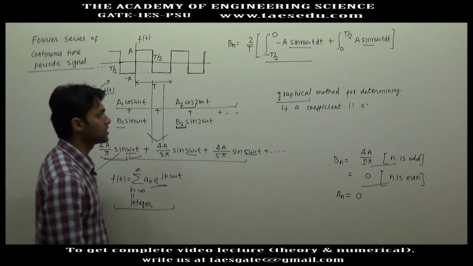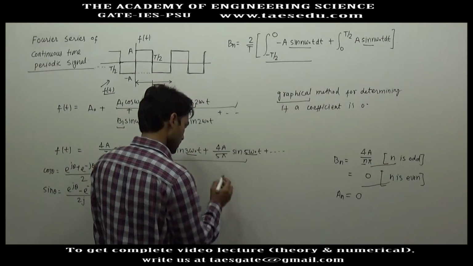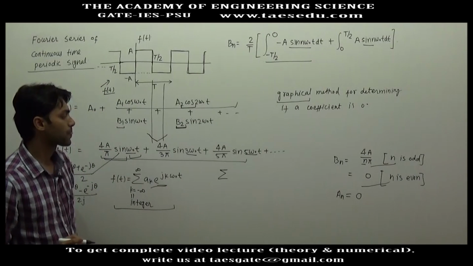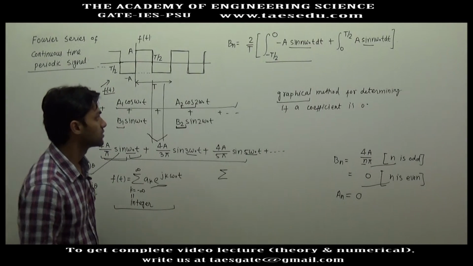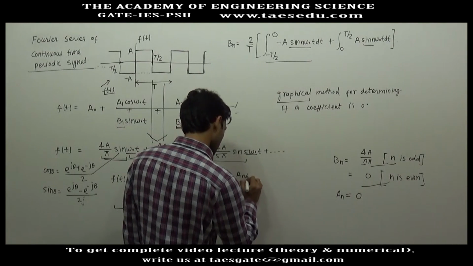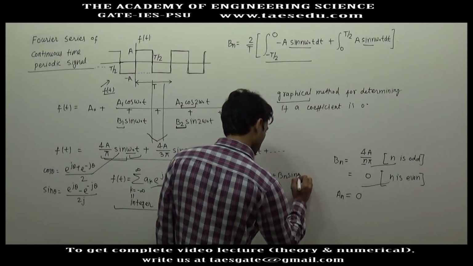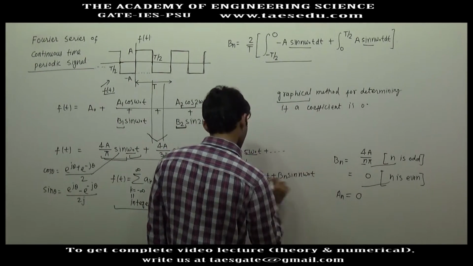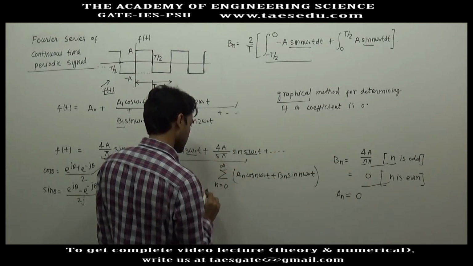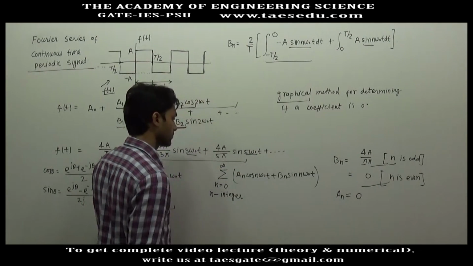If we do some manipulation in the sinusoidal terms, in compact form what we get is an cos n omega naught t plus bn sin n omega naught t, with n varying from 0 to infinity and n an integer.